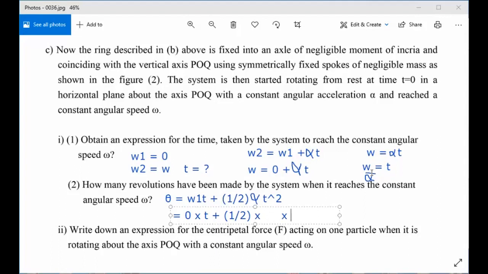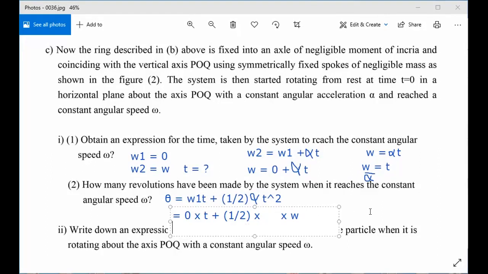We should use omega over alpha, that's the point. T is omega divided by alpha, and you have to square it. Still, let's keep this t, but at the end of everything, we should use that expression also, because t is not a given quantity. Now 0 into anything, Lamai?